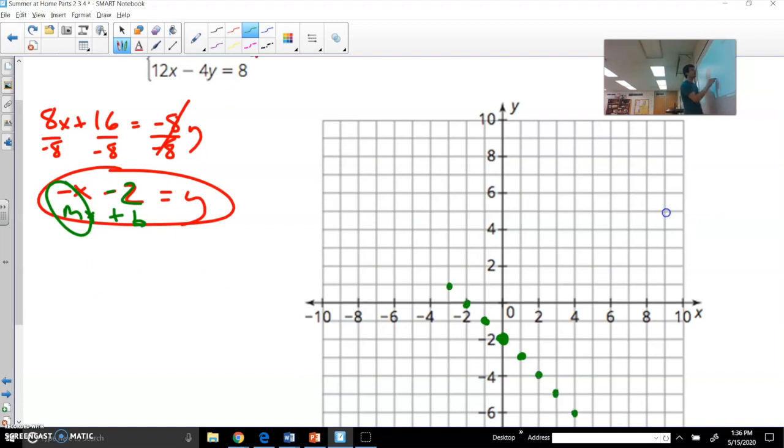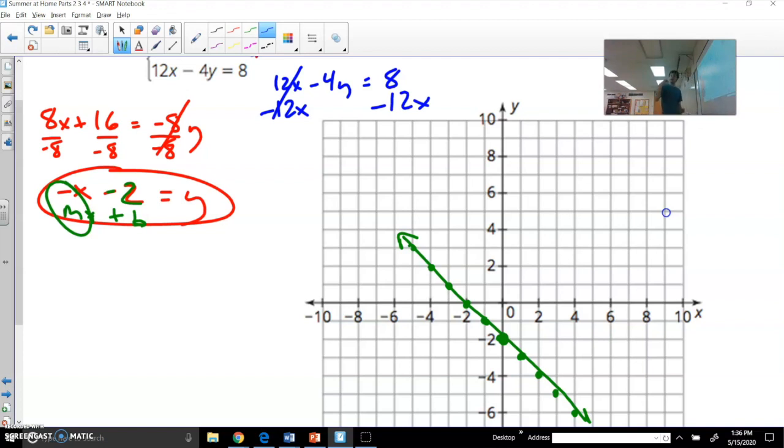Because if our goal is to find where these two lines cross, I may need several points around the origin to determine their crossing point. So let's take that second equation, 12x minus 4y equals 8, and let's solve for y. Really consistent steps here. Let's move our x to the other side.